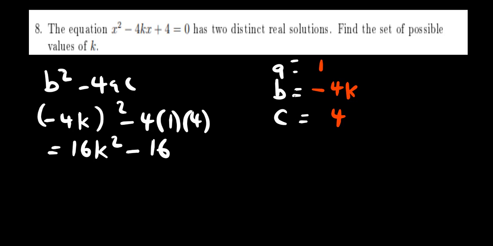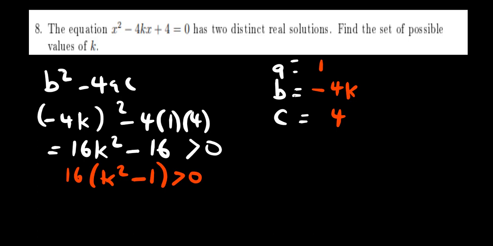Now we are saying it has two distinct real solutions. When they say distinct, these are two different real solutions, so 0 is not included. In this case, this expression should be greater than 0. So how do we solve this inequality? We can factorize 16 because it's common on both terms: 16 multiplied by k squared minus 1 is greater than 0.